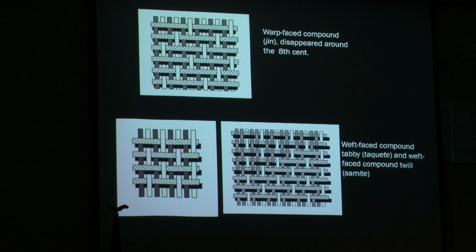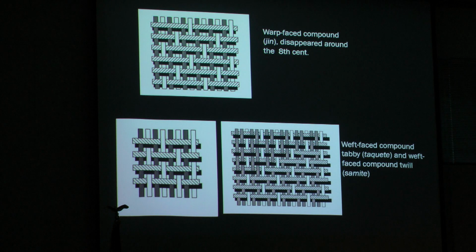Again, it's a very misleading term. But the second type, the weft face compound, became extremely popular, especially in the 8th and 9th centuries, and very popular also in Europe. Today we recognize it as taquete or samite, if the structure is made in a tabby or in a twill.